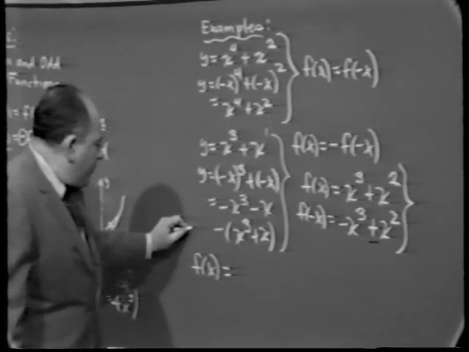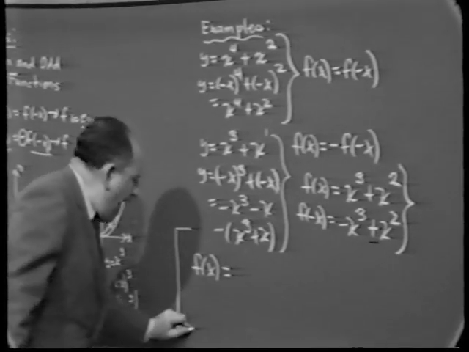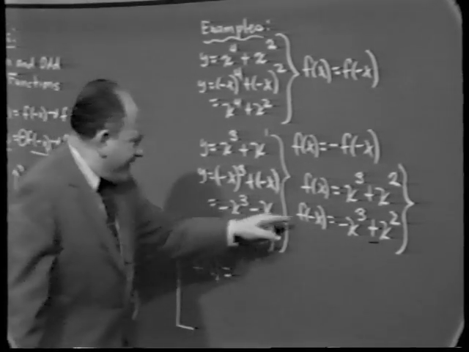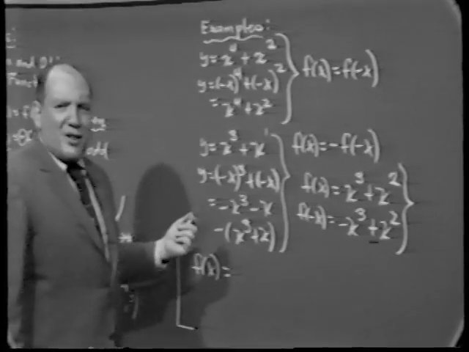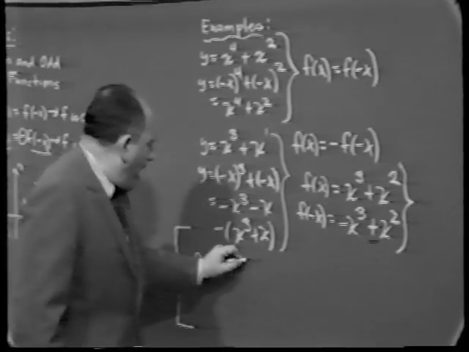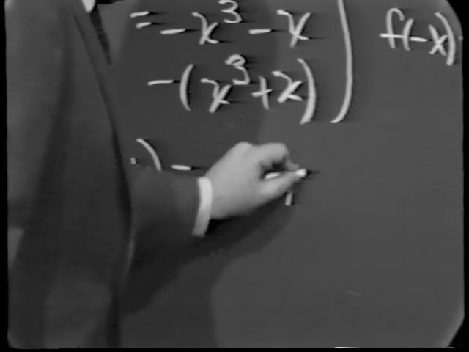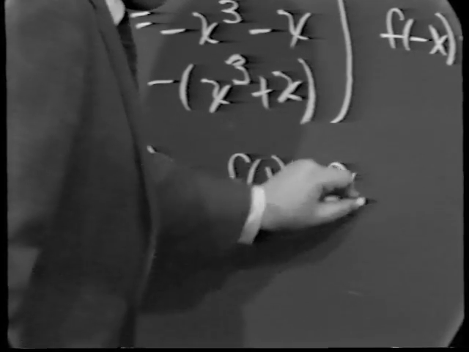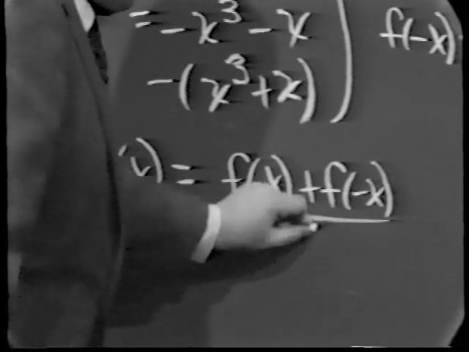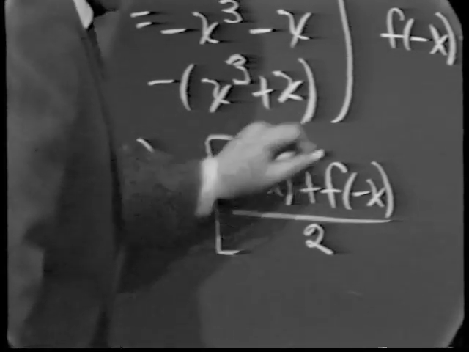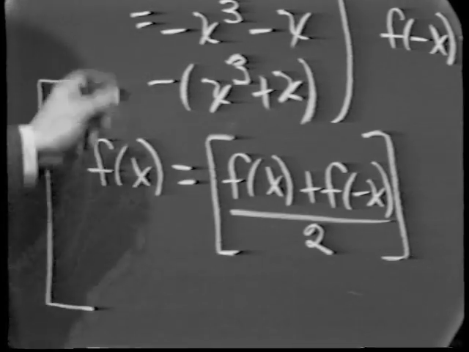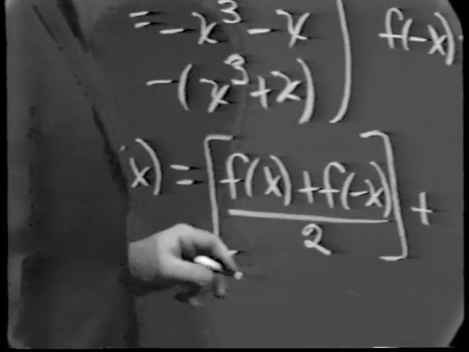This will come back to be more important later on, but for the time being, just to show you a connecting thread, as long as we're talking about even and odd functions, all I want you to see is the following identity. If you write f of x plus f of minus x over 2, and don't worry about what motivates this, I just wanted to show you this to keep this fairly complete.